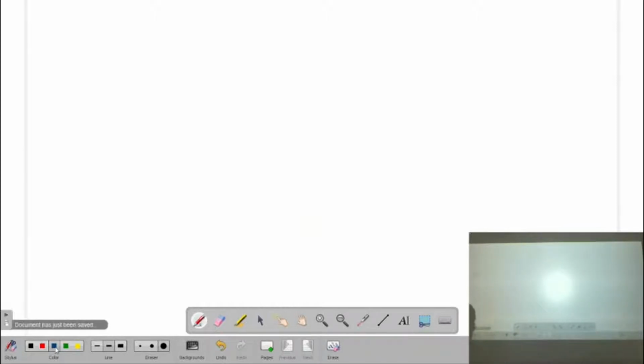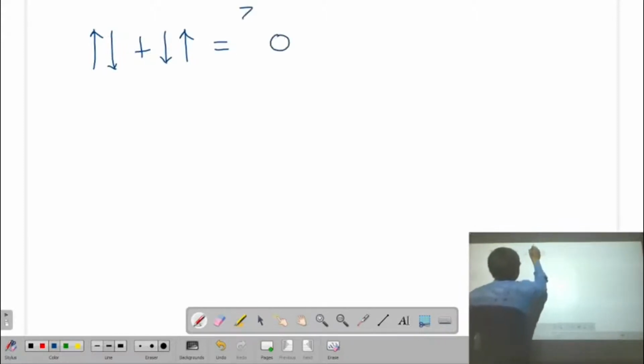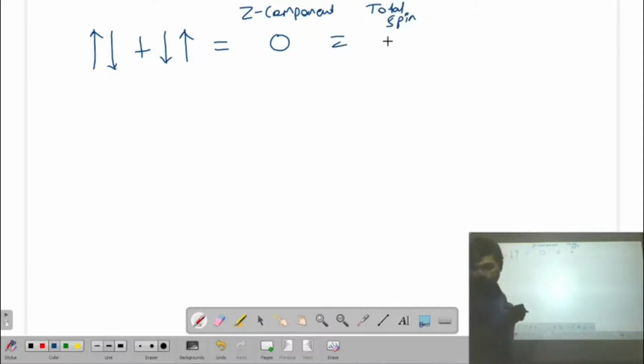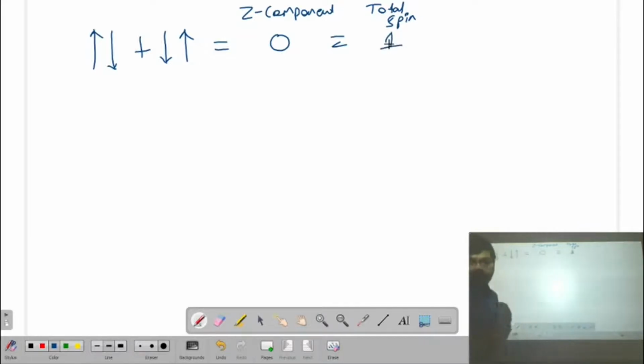Now, the possibility is either I have z component equal to 0 and the total spin will be 1.